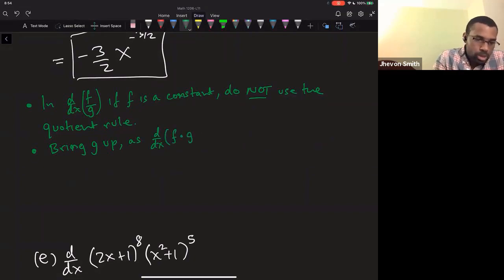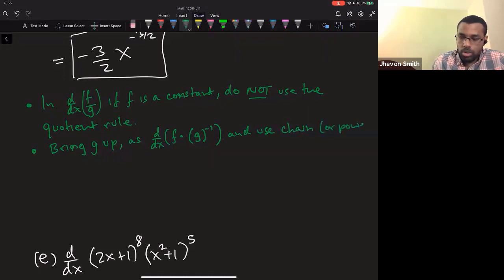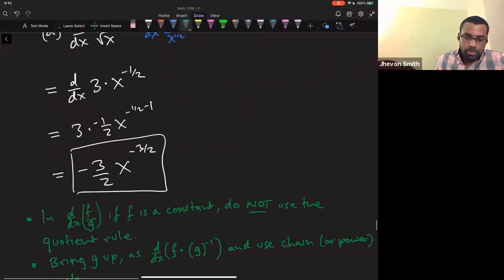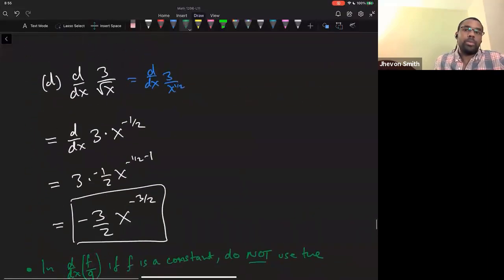Let me just be a little bit safer here. Put g in parentheses to the minus 1. And use chain or power rule. In this case, we could get away with the power rule, but in general, I would say you would need the chain rule. So that's that one.